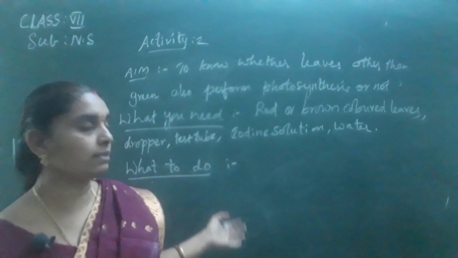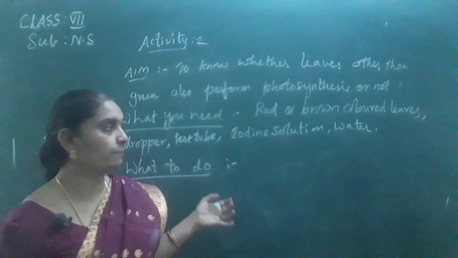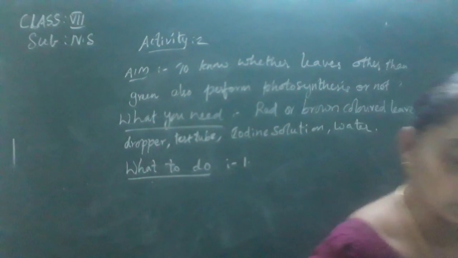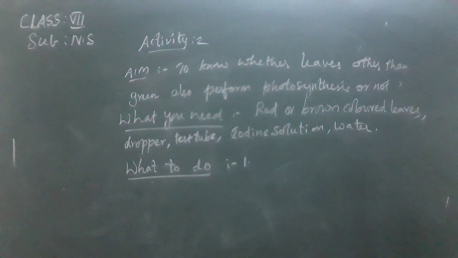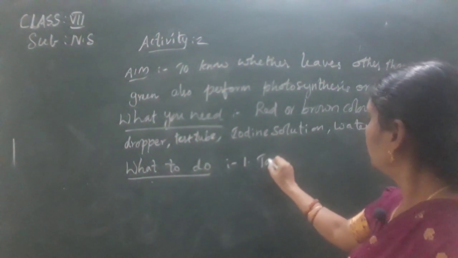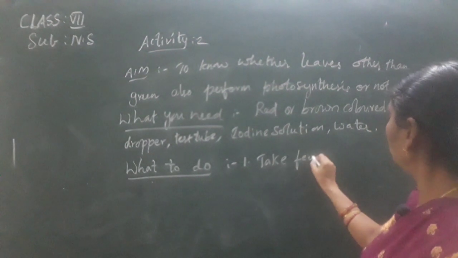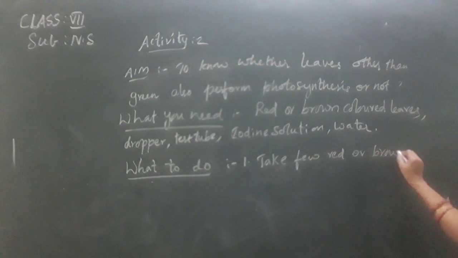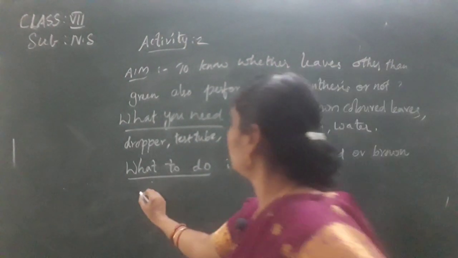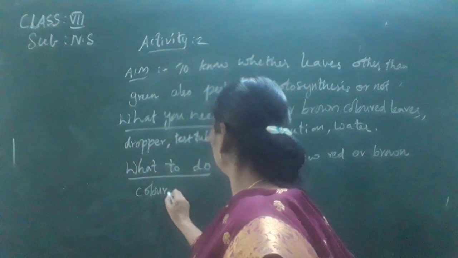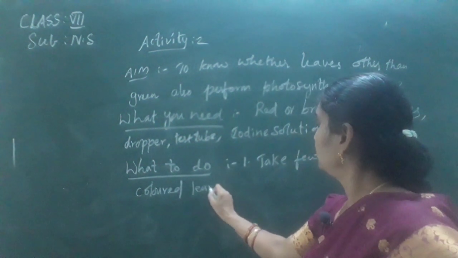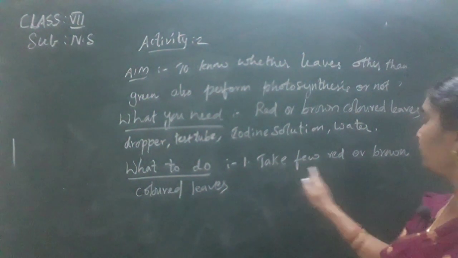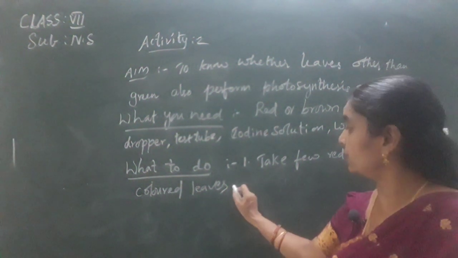Okay, write down in an order stepwise. So the first one is what to do. The first point is: take few red or brown colored leaves. Okay, are you able to observe? Take few red or brown colored leaves first.